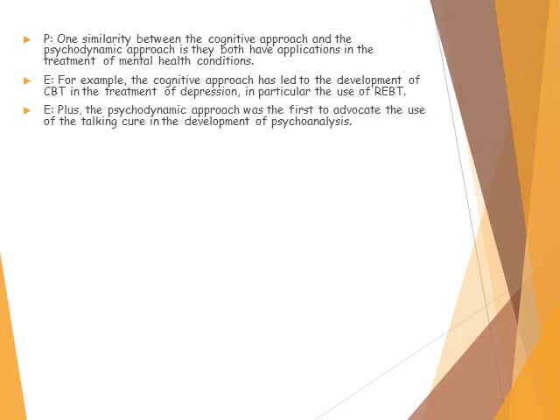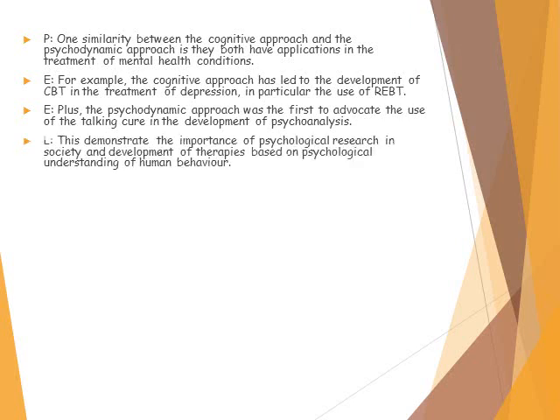Elaborating a bit more, plus the psychodynamic approach was the first to advocate the use of the talking cure in the development of psychoanalysis. That link sentence, that saying why this is a benefit and linking it back to that point, this demonstrates the importance of the psychological research in society and the developments of therapies based on psychological understanding of human behaviour.